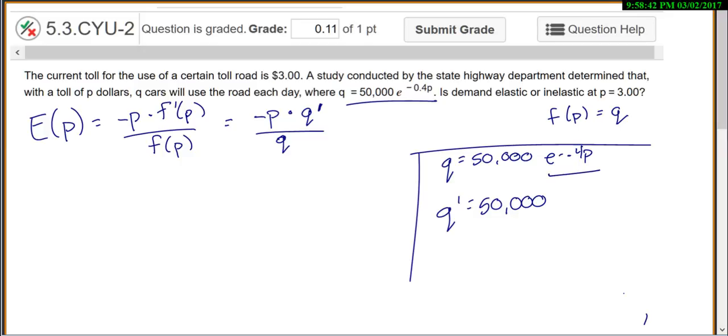Now we just take the derivative of e to the negative 0.4 P. The derivative of e to the anything, you keep it exactly the same. But then you have to use the chain rule because there was something inside this exponent. So you multiply it by the derivative of whatever was inside the exponent. So the derivative of negative 0.4 P would be negative 0.4.